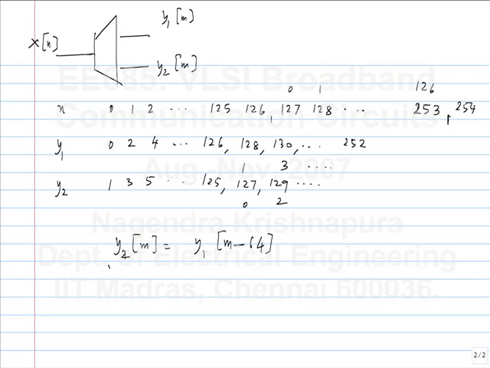So Y2 of M is Y1 of M minus 64. This, I point out, is not really related to the pseudo-random nature of the sequence. It's just that it has a period of 127, okay, or some odd number. And so this again turns out to be a general property. So let's say you have a PRBS N sequence. Also, there can be other kinds of pseudo-random sequences.